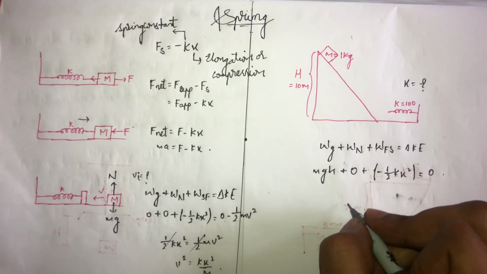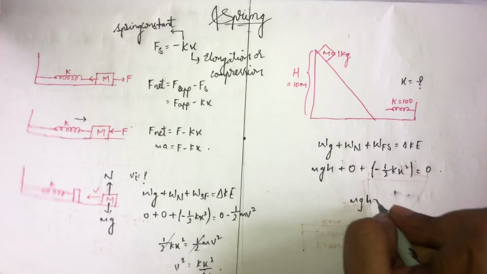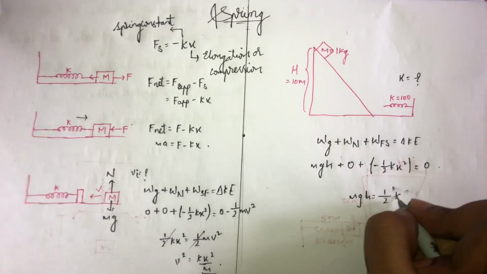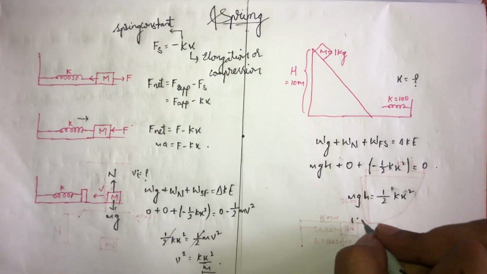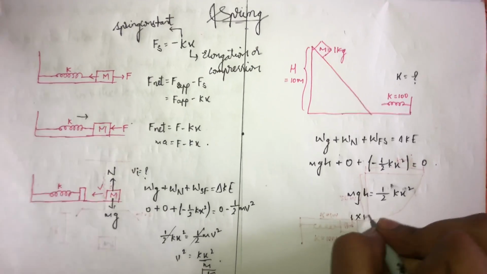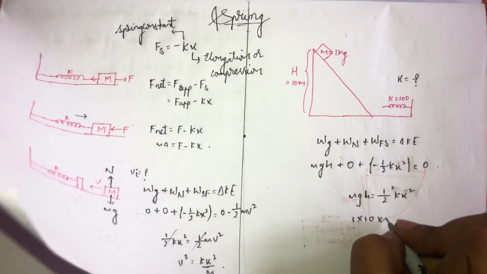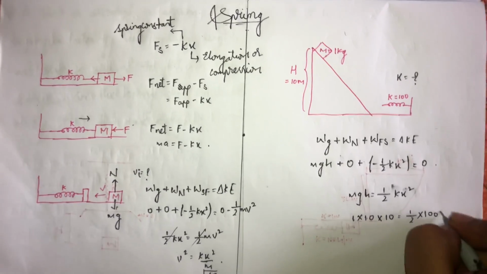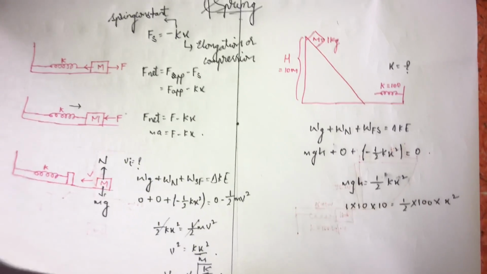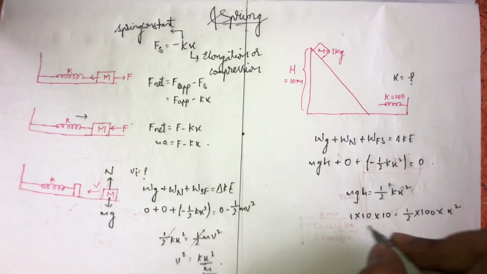So finally we are left with mgh equals half kx square, where the value of m is equal to 1. I am taking gravity as 10 and the value of h is equal to 10. Half, the value of k is 100, into x square. Then 100 gets cancelled.